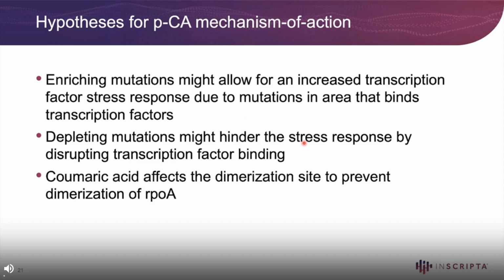It's possible that the depleting mutations might be doing the opposite, so hindering the stress response by disrupting the transcription factor binding. And then it's possible that the Coumaric acid could be actually affecting the dimerization site to prevent the dimerization of RPOA.